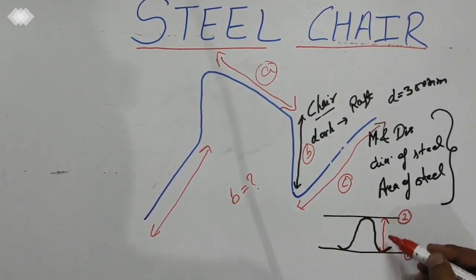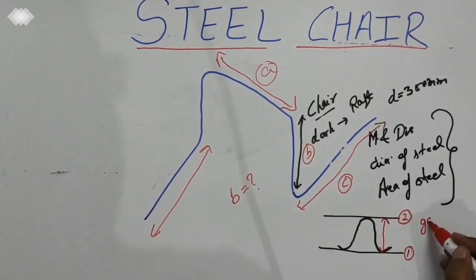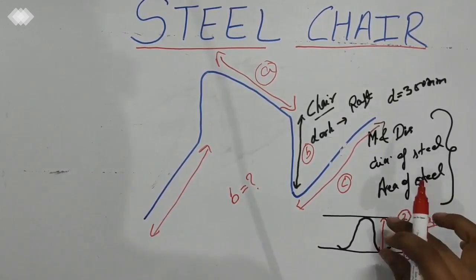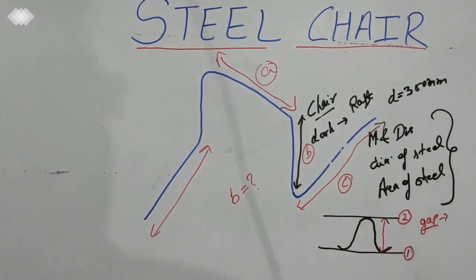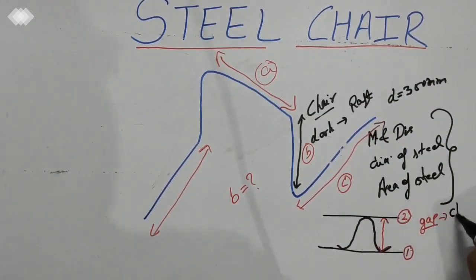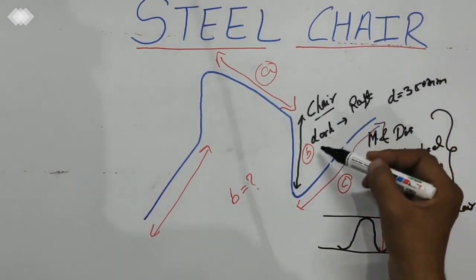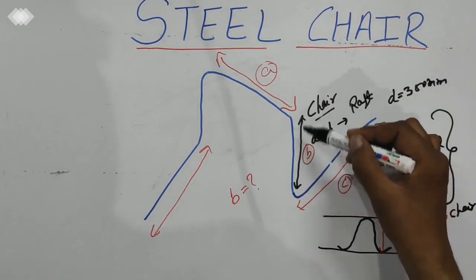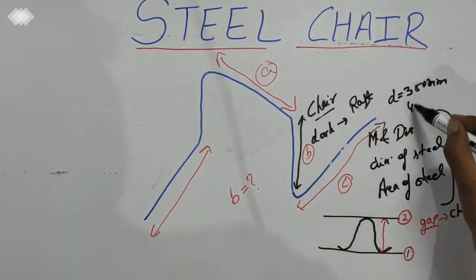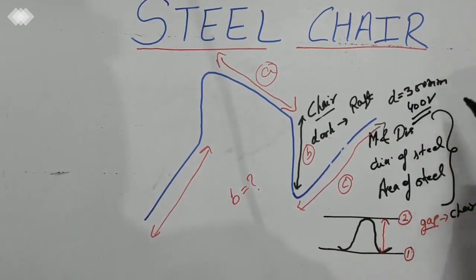So to provide a gap between two reinforcements, we provide a chair there according to raft depth. If we have 300, then accordingly this side will be decided. If it is 400, then according to that it is 150 mm, then it will be designed accordingly at site. Why we are providing steel chair in reinforcement is the main question.